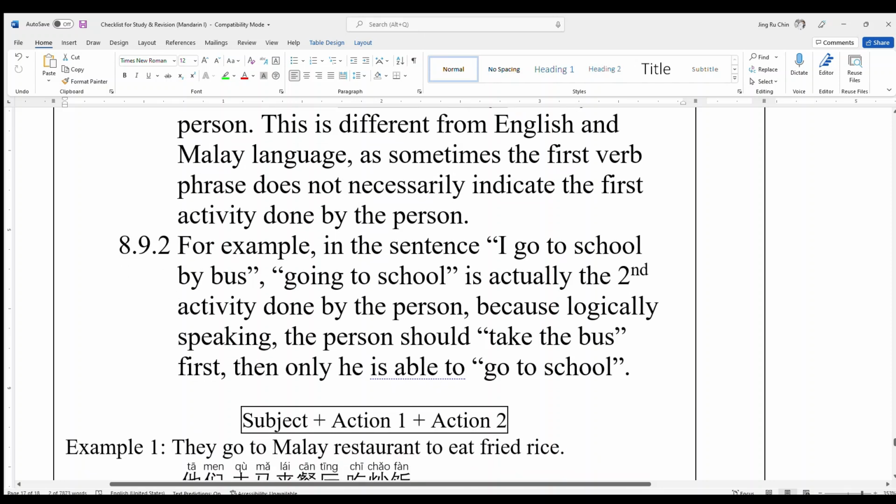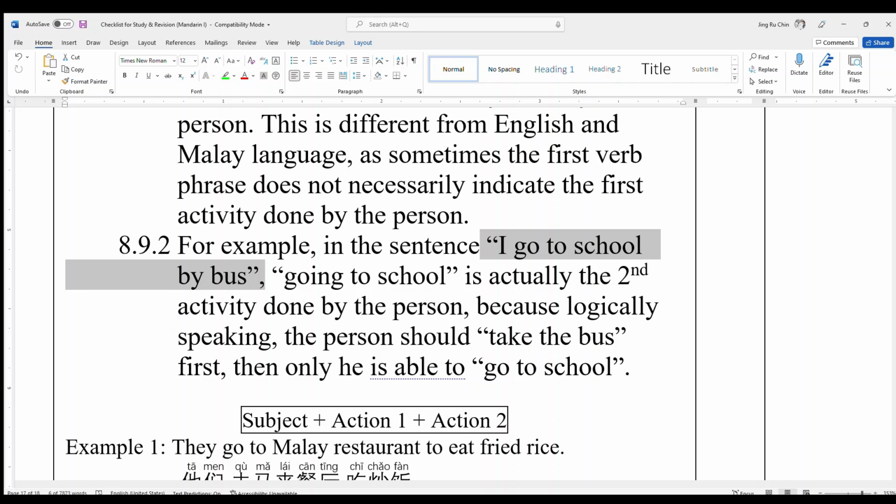What is the example? You see here in the sentence: I go to school by bus. Now tell me, in this sentence, which action is done first? Go to school first or by bus first?